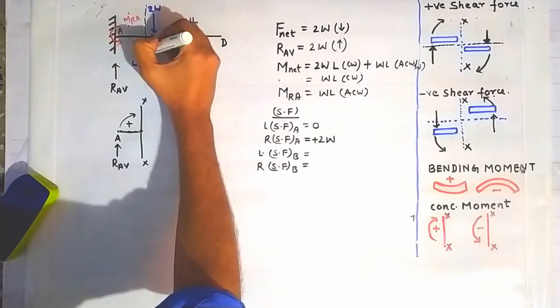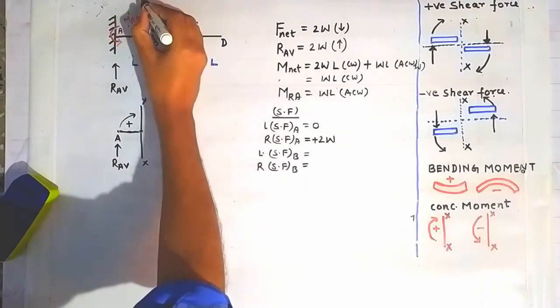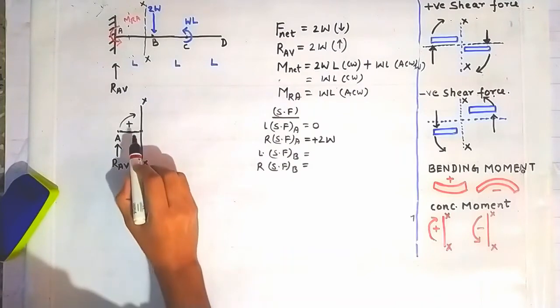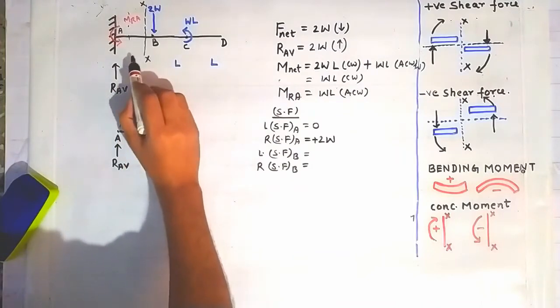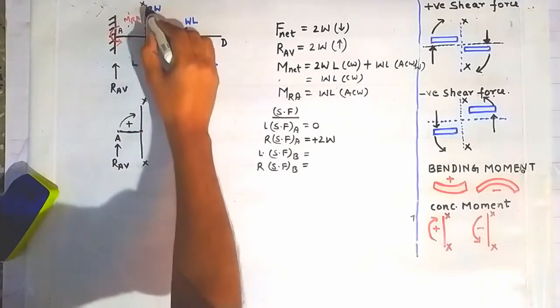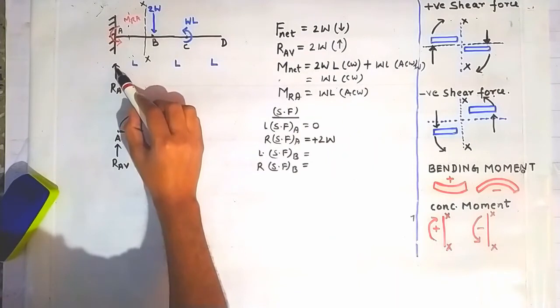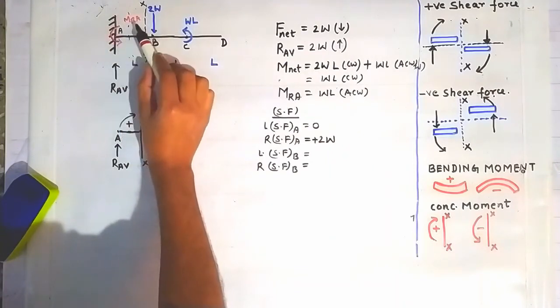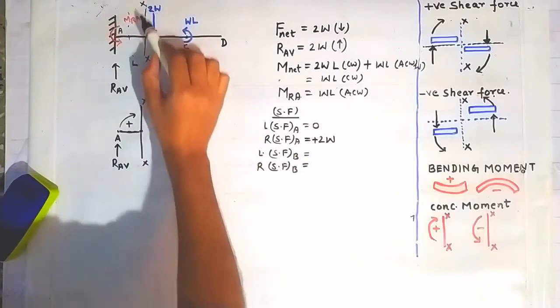So on the left side of this point B I am taking this section XX, and according to our sign convention, the shear force at this section XX will account only for this load, as a positive shear force, because the concentrated moment will not account for any shear force about this section XX.